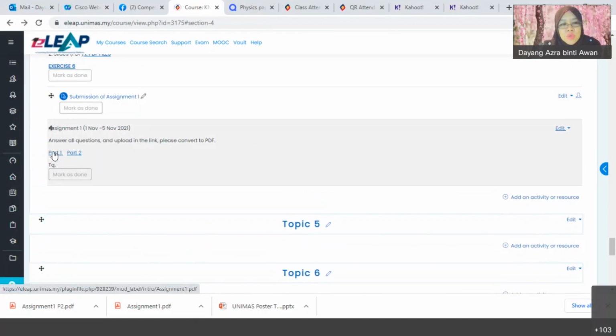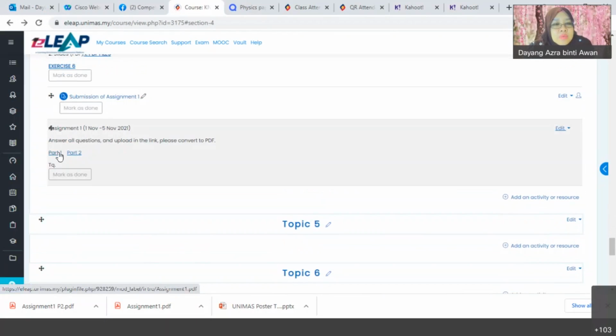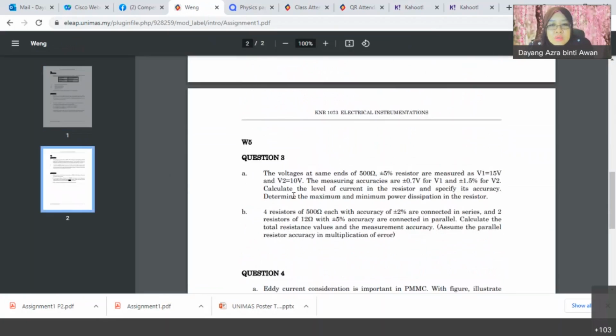Although the question is very banyak compared to the given marks, try to do it within the 1 week, so you will not have any online class for next week. For Monday until Tuesday, I will give you time to finish this assignment. The allocation time for you is 4 hours. Please try to finish the first part.